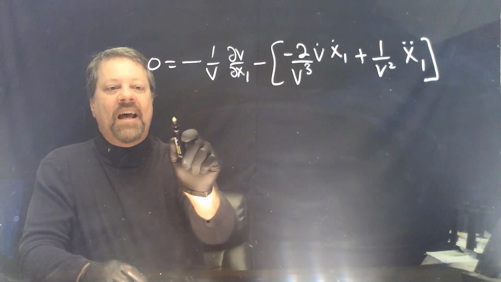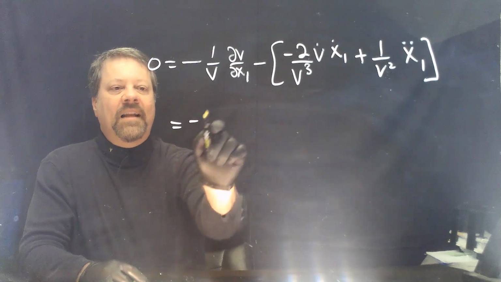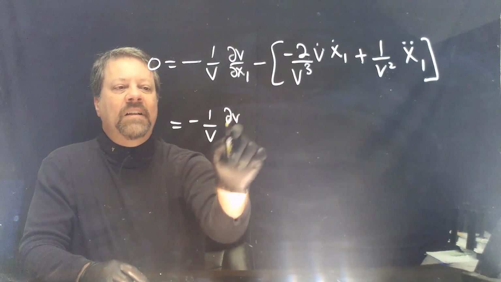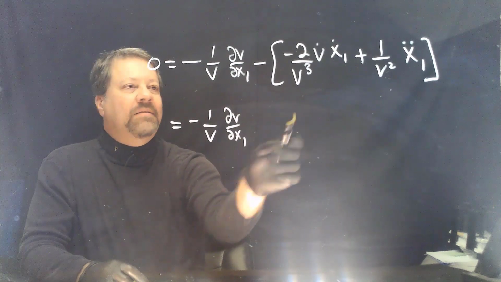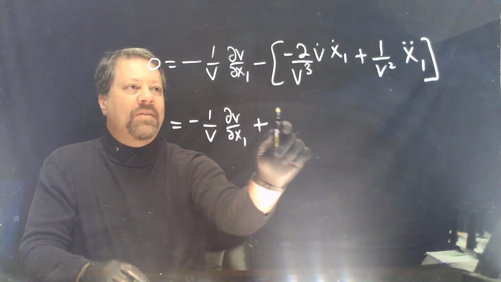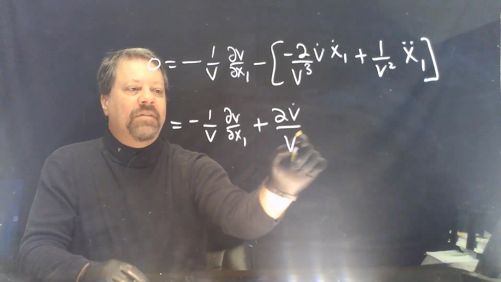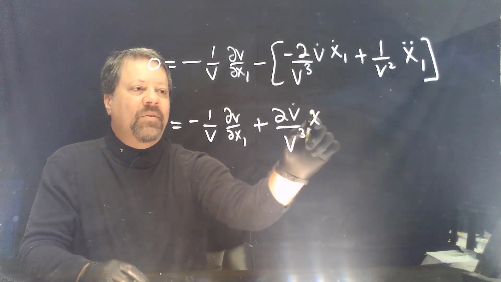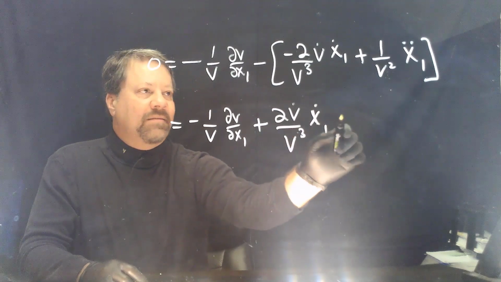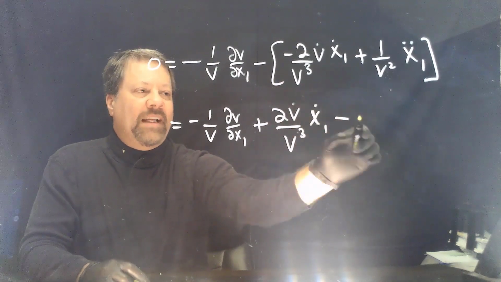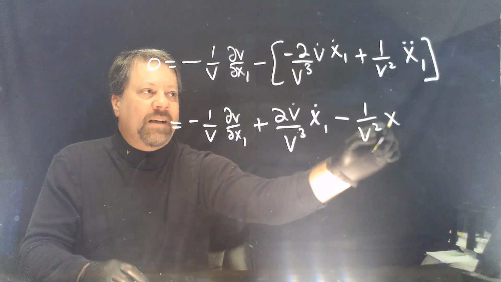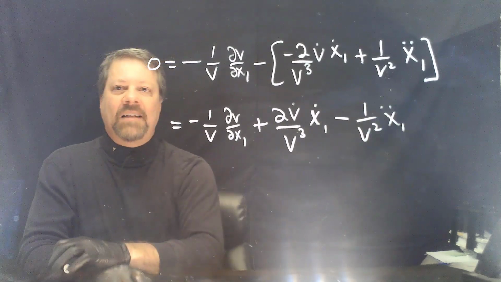And so we have this negative 1 over v dv dx1 minus minus is plus 2 v dot over v cubed x1 dot. We'll distribute the negative, minus 1 over v squared x1 dot dot.